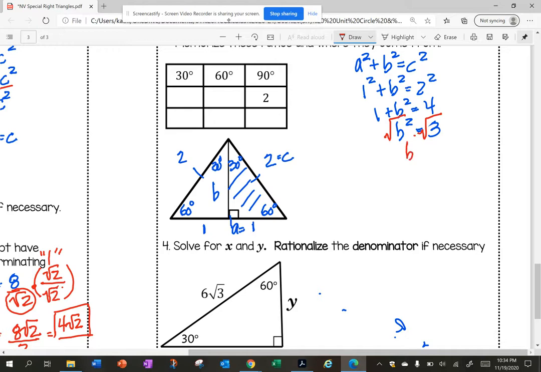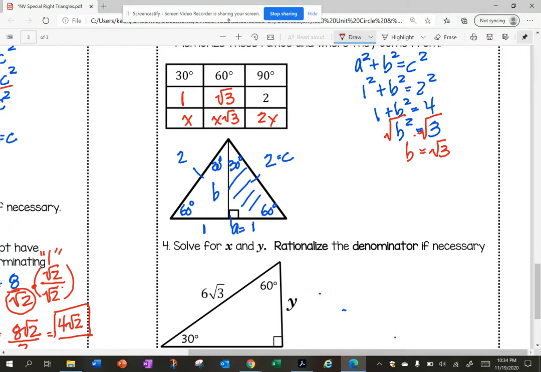So I get b equals the square root of 3. So my ratios, we saw a is 1, b is the square root of 3, and c is 2. Sometimes we see this in charts as x, x times the square root of 3, and 2x.